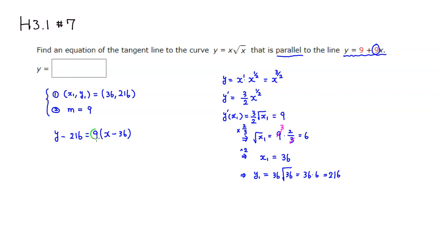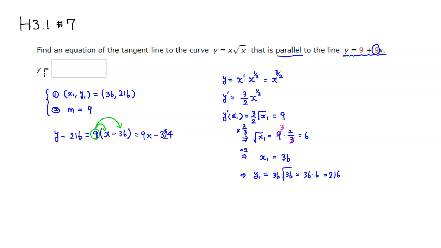You have 9 distributed to x and 36, those are big numbers. So you have 9x, I can do that one. 9 times negative 36: 6 times 9 is 54, and 3 times 9 is 27, so 324.